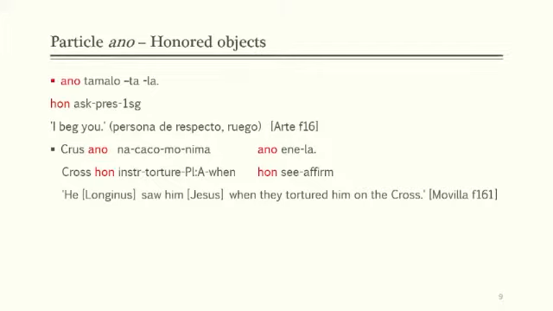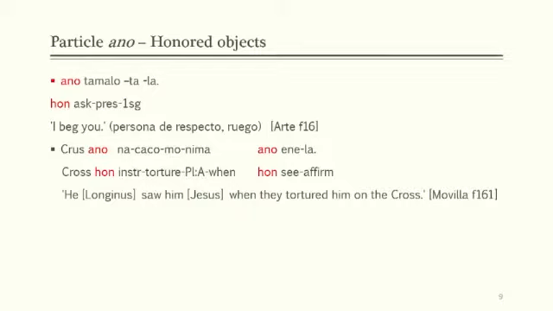Here's another example from Movia 1637, talking about the story of Longinus. Longinus was the soldier who pierced the side of Christ and later became a convert and a saint. So it says, Longinus saw him, Jesus, when they tortured him on the cross. So he saw him as Jesus.